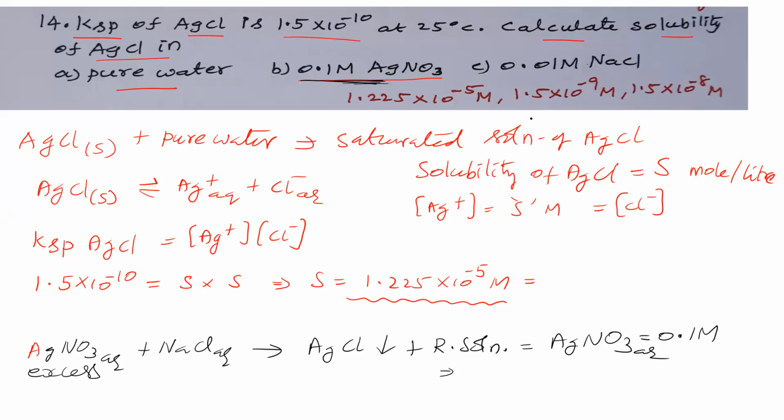In that, around 50% sugar will be there. Therefore, wherever you go for precipitation, the precipitate will be below, and above that is the saturated solution of that precipitate. So in the sugar industry, at last we get this molasses.